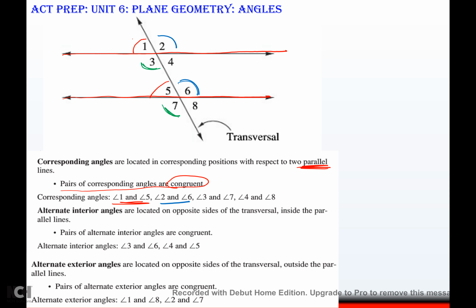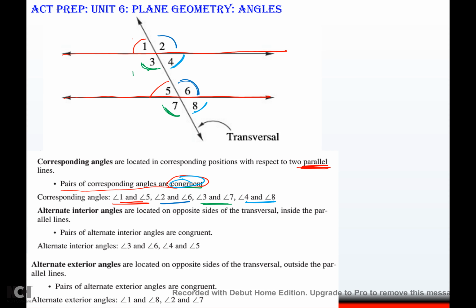Below and on the right makes 3 and 7 corresponding angles, and that makes them congruent. So if angle 3 is 120 degrees, then so is angle 7. Okay, they have to be congruent. This guarantees it. And we have one more pair, which is 4, which is on the bottom left, and 8 is on the bottom right, so they correspond and are congruent.